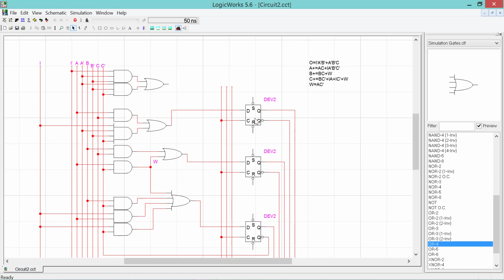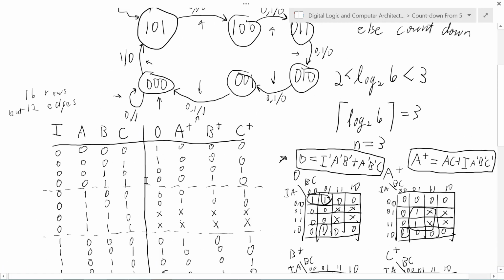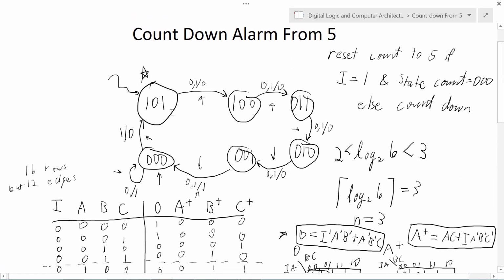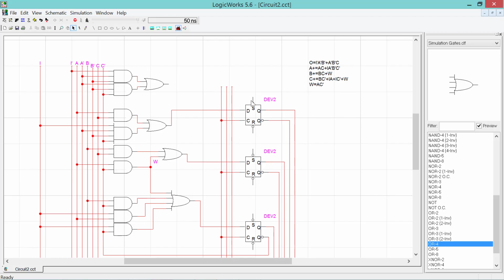We reset to state 5. We reset to state 5, 1, 0, 1. So we need to set active low on our reset or on our set signal for the high order bit. We reset to logic low for the middle bit and set to 1 for the low order bit.